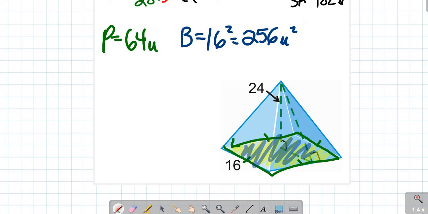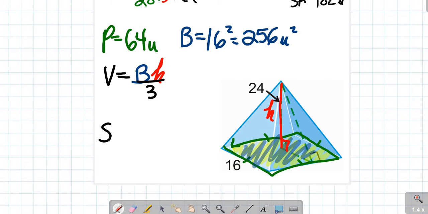Shade, trace, perimeter, base. Now, your equation for volume of a pyramid is the area of the base times the true height, which is inside at a right angle to the base. That's your true height, also known as the altitude, divided by 3.